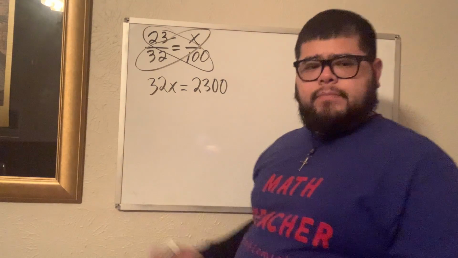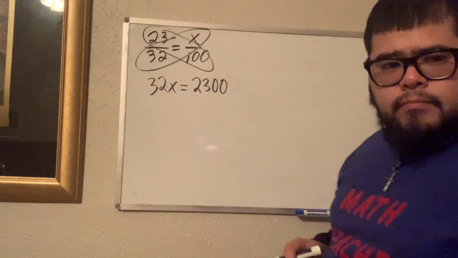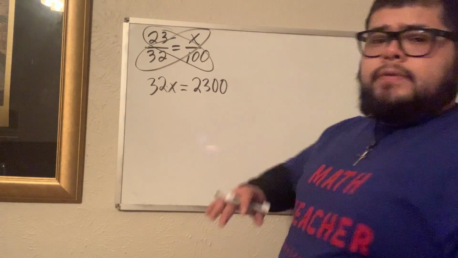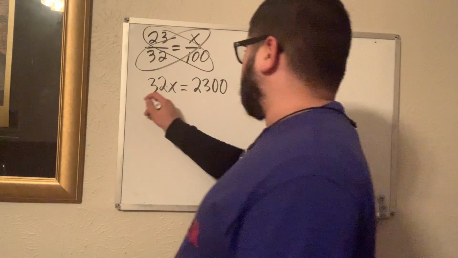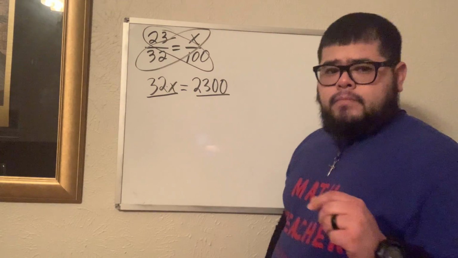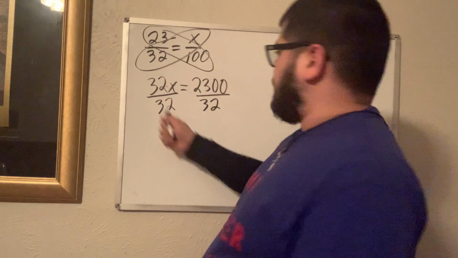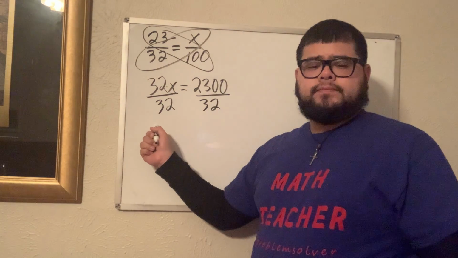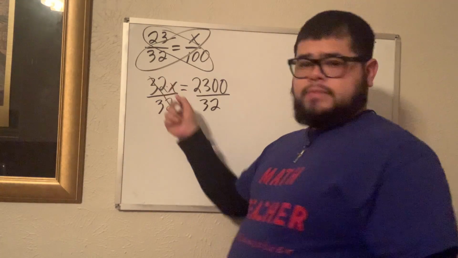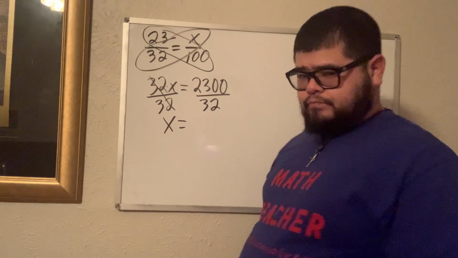Well, this is a one-step equation. We've been doing this. What's between 32 and x? Multiplication. What's the opposite of multiplication? Division. So we're going to divide both sides by 32. 32 divided by 32 is 1. 1 times x, x. Equal sign comes down.